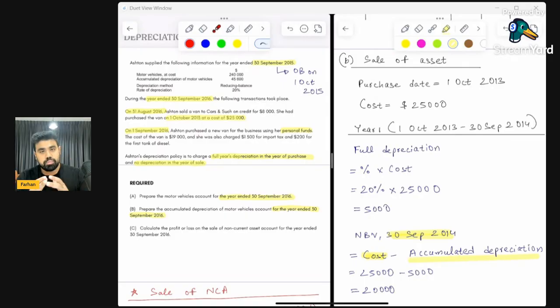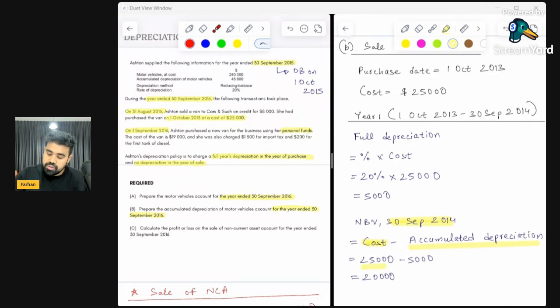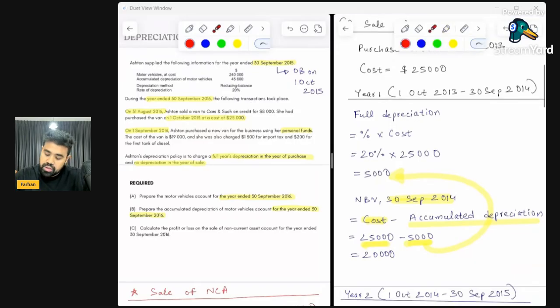The accumulated depreciation is also known as the total depreciation we have got so far since this asset was purchased. But because we're in the first year of usage, the only depreciation we have is the depreciation we derived for year one, right? So the cost is 25,000, which we know. The total depreciation so far is 5,000, which we calculated in the previous line, okay? And that gives us a net book value of 20,000 at the end of year one, okay?